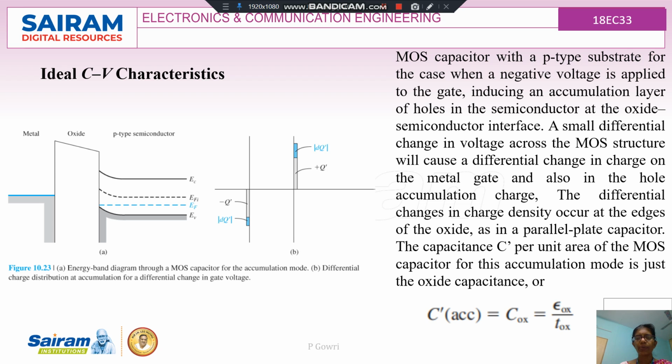So the capacitance per unit area of the MOS capacitor for this accumulation mode is just the oxide capacitance, or I can say that C accumulation is nothing but Cox equals epsilon ox by tox, where epsilon ox is the permittivity of the oxide layer and tox is the thickness of the oxide layer. So here in accumulation, this MOS capacitor acts like a parallel plate capacitor.